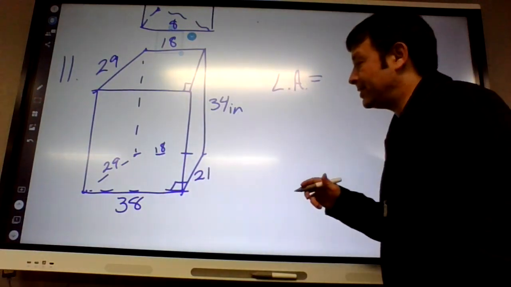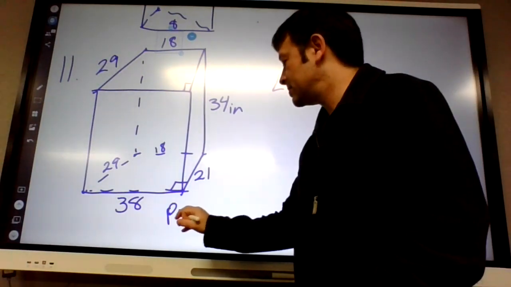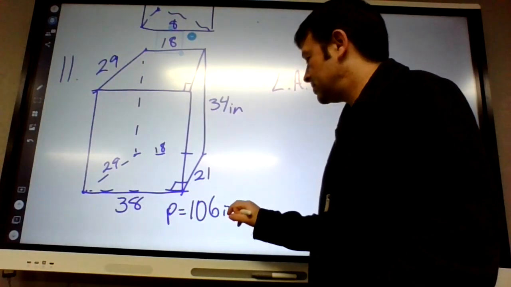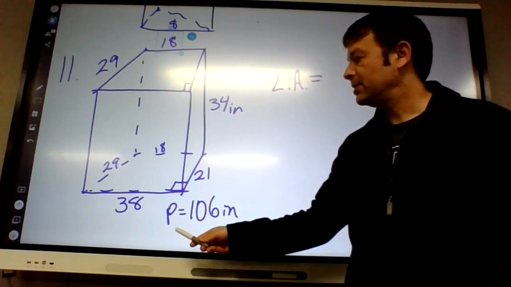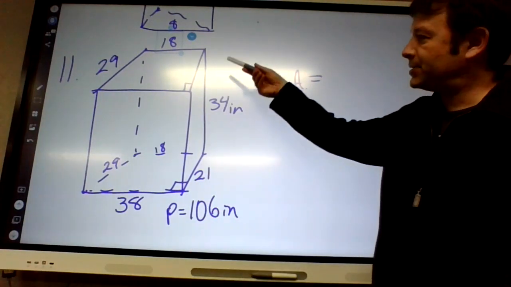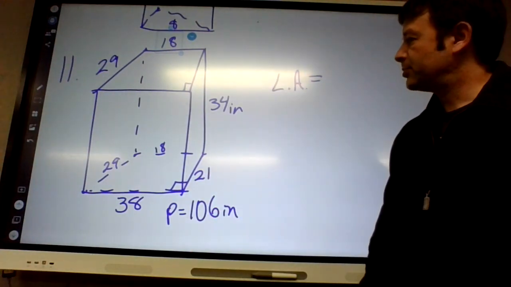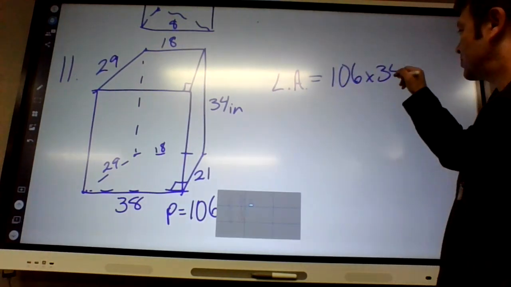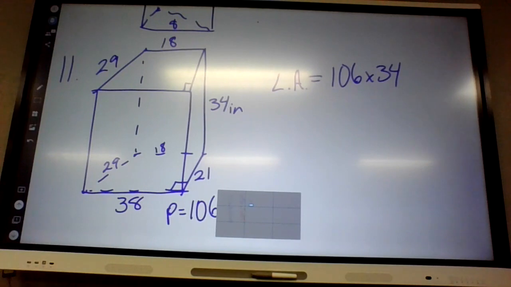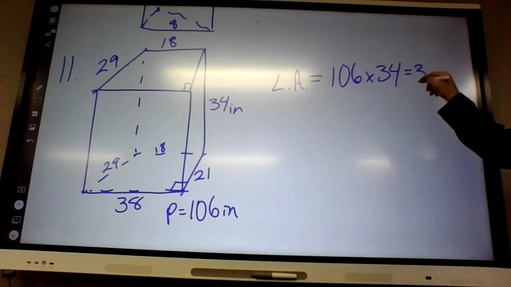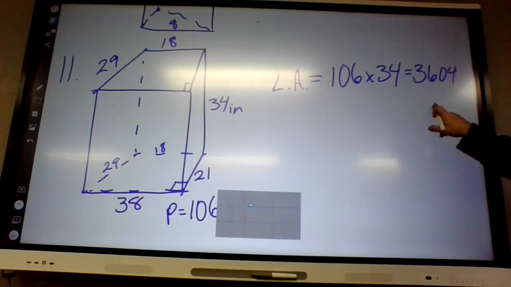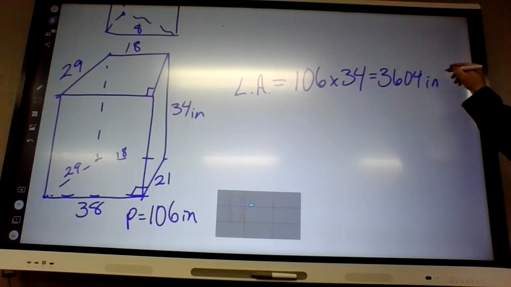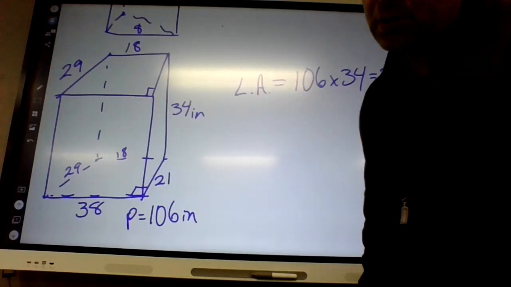So that'd be 106 inches. And then you do that times the height of the prism, which is 34. So it's 106 times 34. She said 3604. Let's see if she's right. Yes, she is.